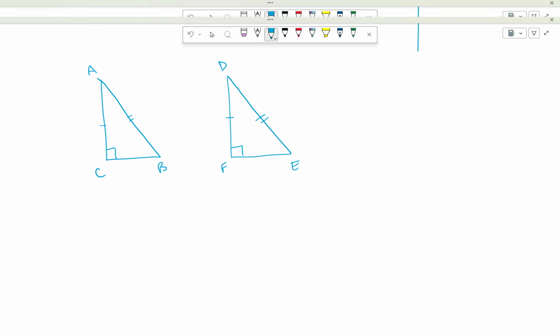Here's how we're going to show this. These two triangles are congruent: triangle ABC is congruent to triangle DEF. The reason is what's called the hypotenuse leg theorem, or HL, which is what we always put down for short.